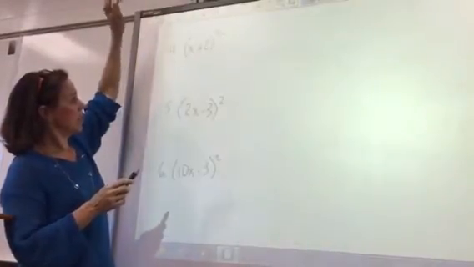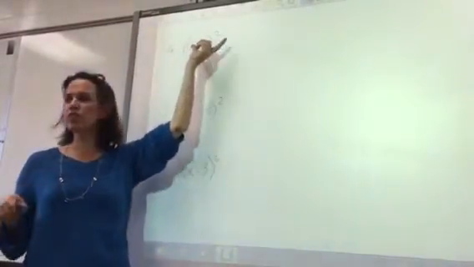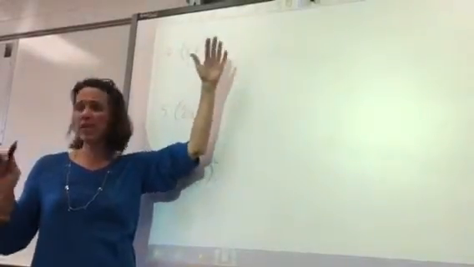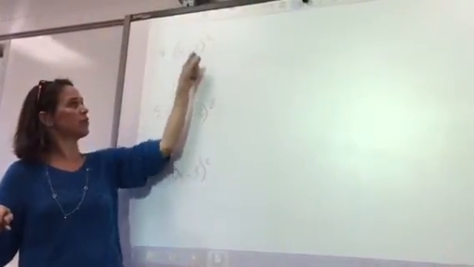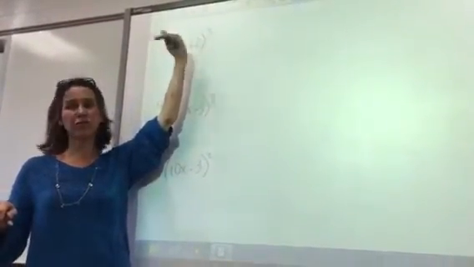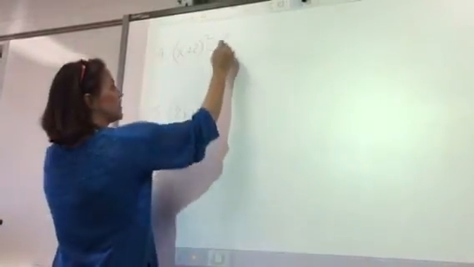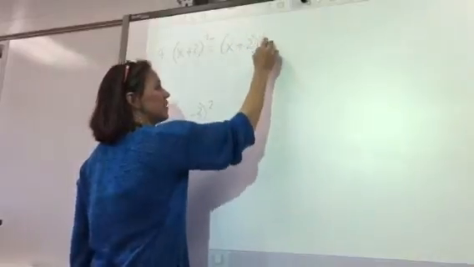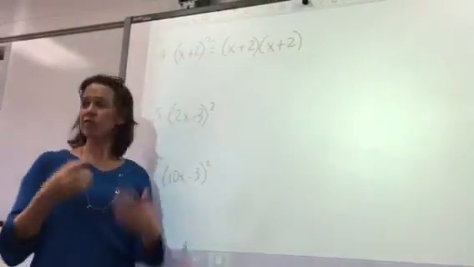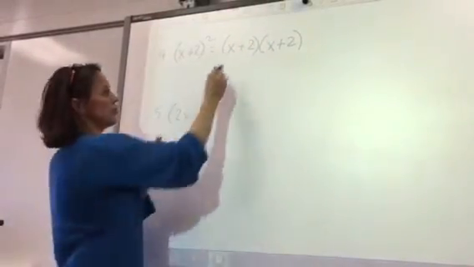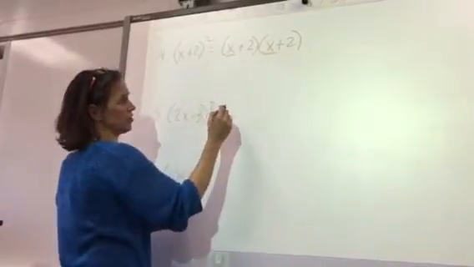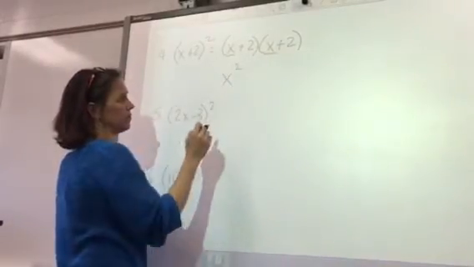All right, moving on. All right, when it has something like this, you gotta remember, okay, the common error that people are gonna do is they're just gonna say x squared plus 2 squared gives you x squared plus 4. Totally wrong, totally wrong. Okay, you gotta remember that this means x plus 2 times x plus 2, and so you have to FOIL. So you do the first times the first, x squared.